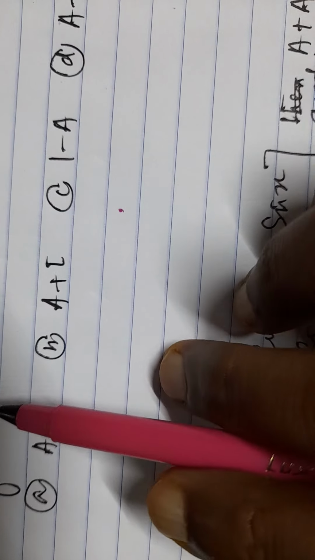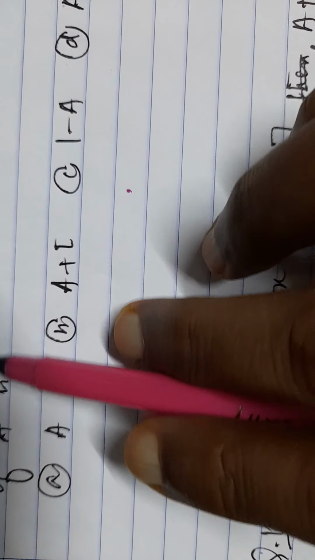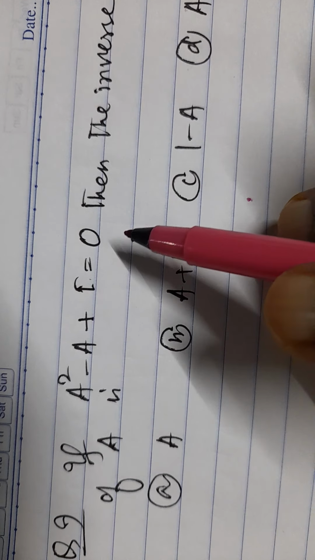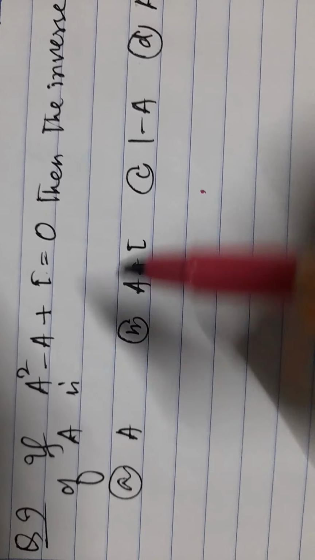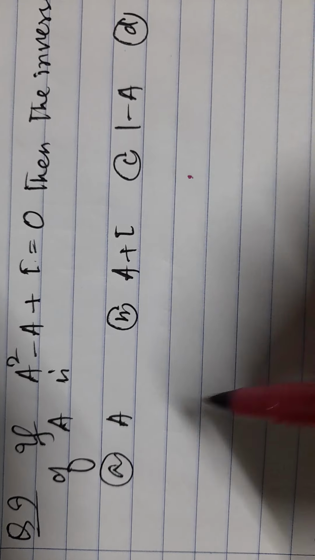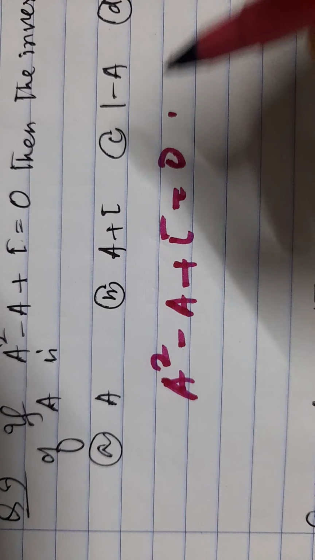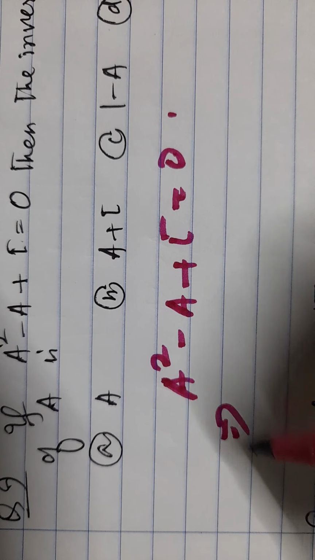Next question. If A squared minus A plus I is equal to 0, then what is the inverse of A? It is given that A squared minus A plus I is equal to 0, and we need to find the inverse, so we multiply by A inverse.